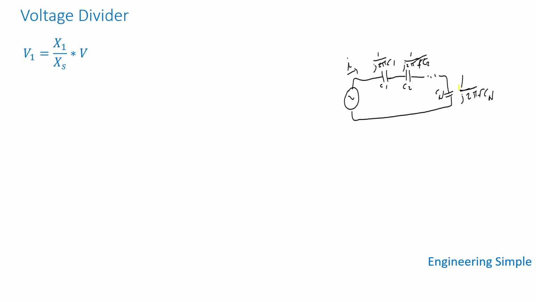If I want to know the voltage across each capacitance, let's take capacitance 1 for instance, V1 is equal to the reactance of capacitance 1 divided by the equivalent reactance, or the reactance of all the reactances in series, times the source voltage. X of S is just all the reactances in series summed up.